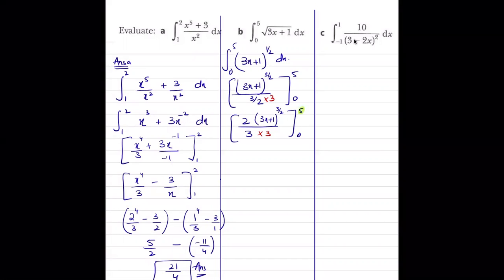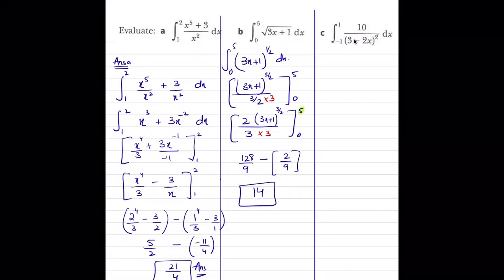So 16 to the power of 3 upon 2 is 64 times 2 divided by 9. That's 128 upon 9. And when you are going to plug in 0, over here you're going to get 2 upon 9. So yes, the answer is 14.